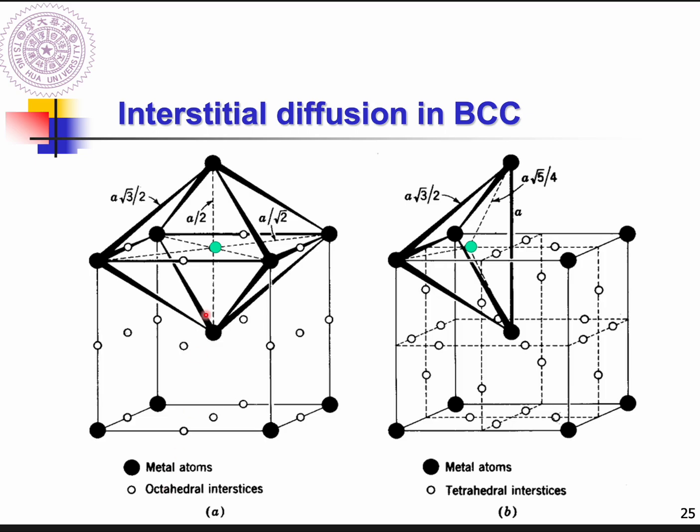what kind of mechanism, whether the interstitial goes through an octahedral or a tetrahedral interstitial site, will depend on the energy, the migration energy of these interstitials. So in most real cases, I will say the interstitials will jump through the octahedral interstitial site compared to the tetrahedral interstitial site.